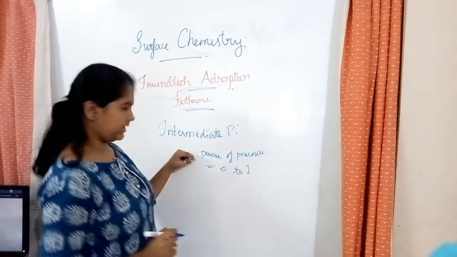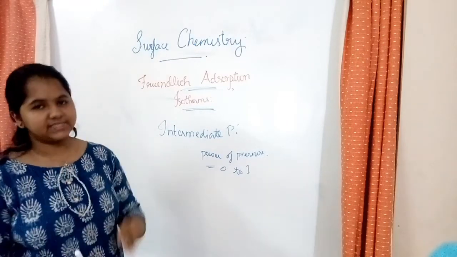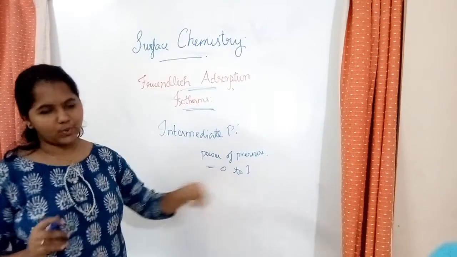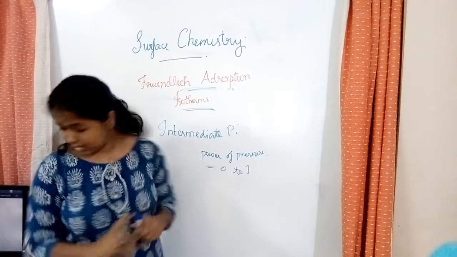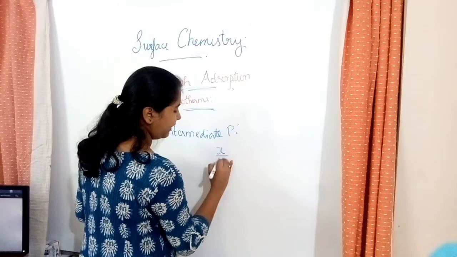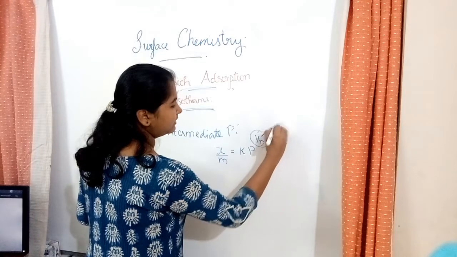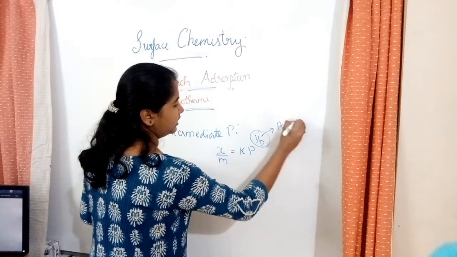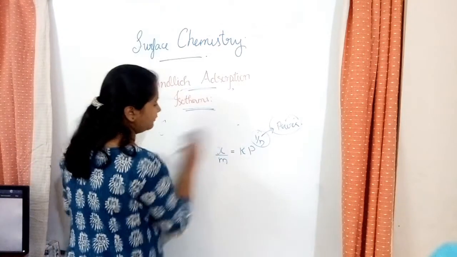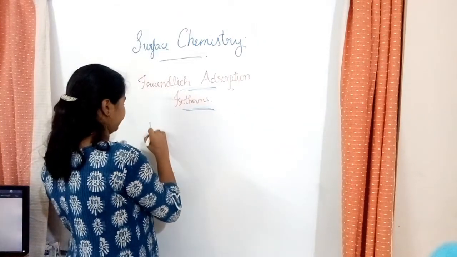So at intermediate pressure, the extent of adsorption is dependent on the power of the pressure, that is, the power ranges from 0 to 1. So we will represent it as x by m is equal to k P raised to 1 by n. This is that power which it is dependent on. Now we have to draw the graph for intermediate pressure.